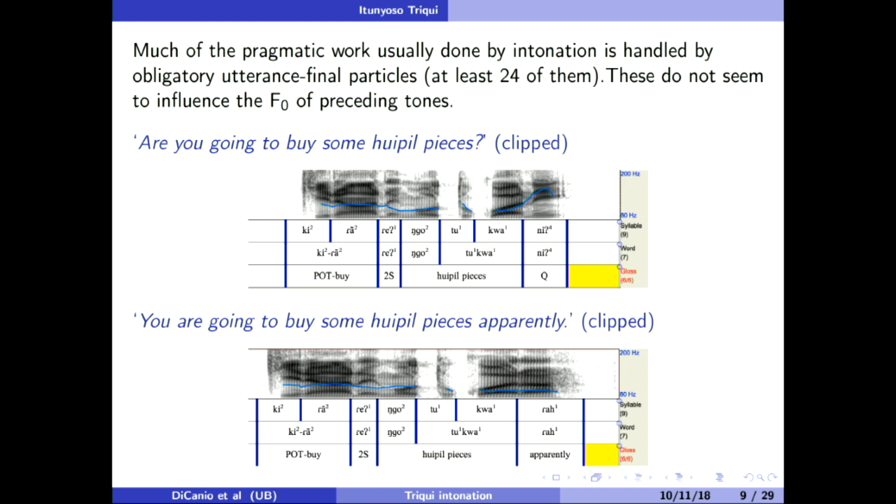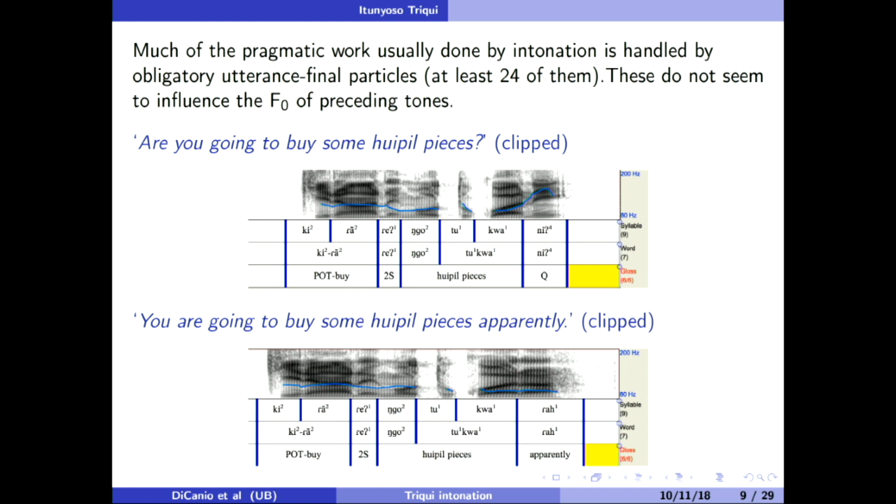Okay, so Megan asked me a question, Liana too, about final particles. There are a lot of final particles in Triqui, about 24 of them as I count them now. They have some interesting phonology in relation to segmental aspects, but they don't seem to influence the F0 of preceding tones. So I have 2 sentences here. They're the same except for the final particle, and the sentence is, are you going to buy some huipil pieces?